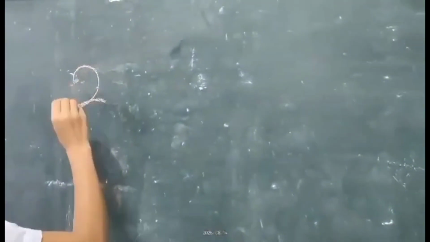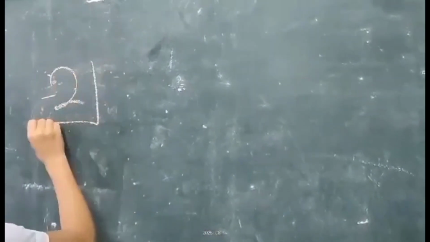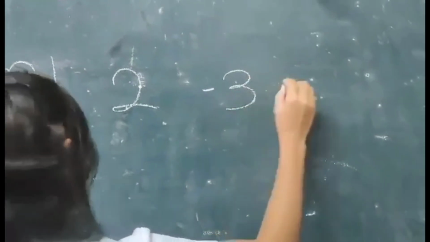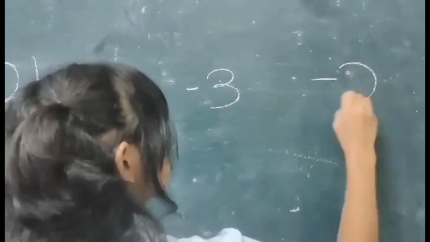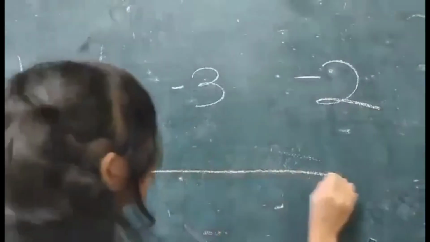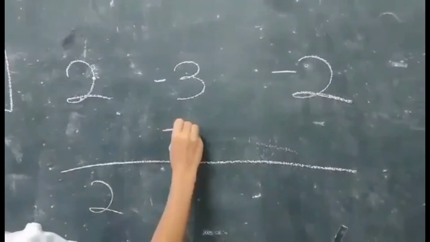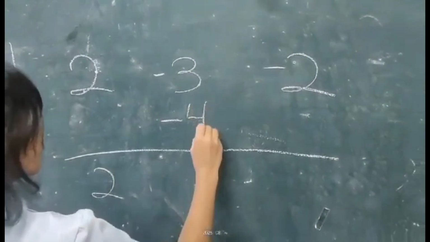The first thing you'll do is to write our divisor here and write the previous instructor's answer here. Next step is to bring down 2. 2 times negative 2 is negative 4.